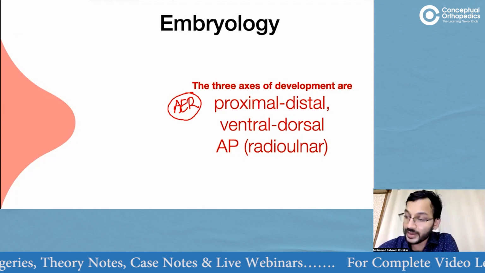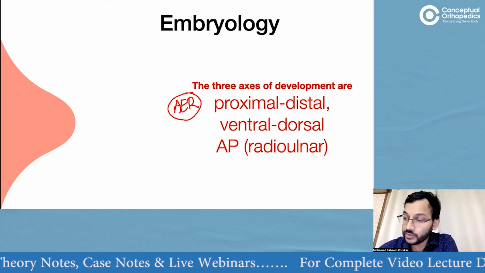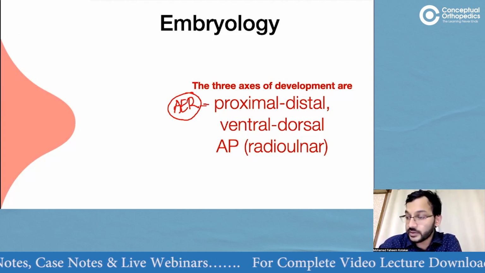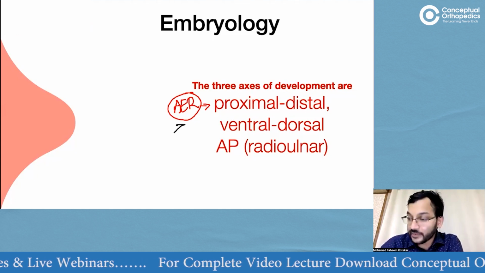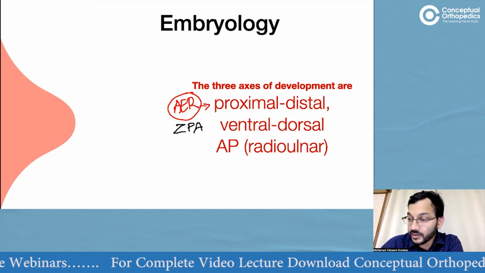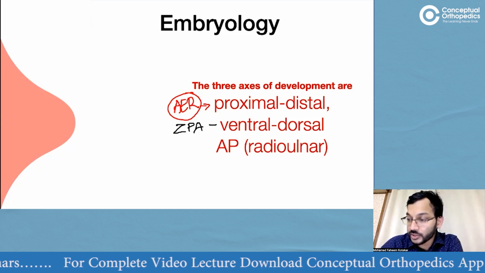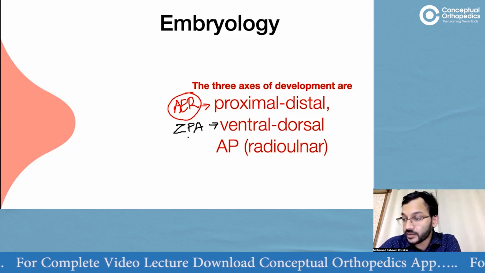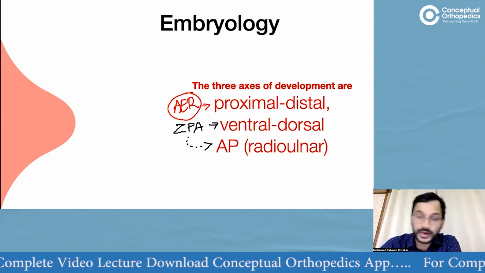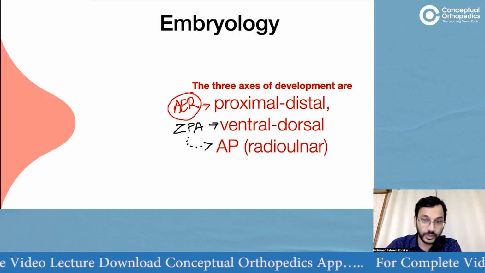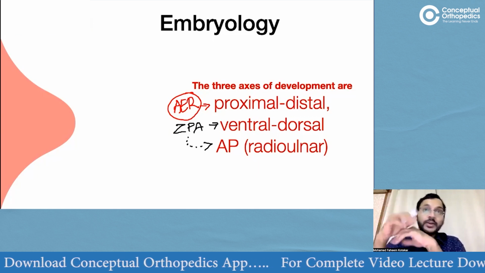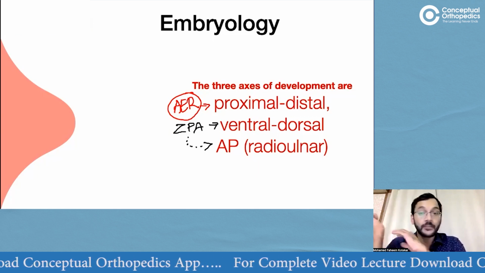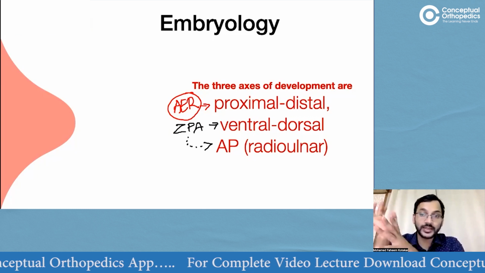The apical ectodermal ridge leads to proximal to distal differentiation. Then the zone of polarizing activity leads to both ventral-dorsal as well as a little bit of radioulnar differentiation. Because it gets polarized, you have a preaxial part and a postaxial part, the two ends, a ventral part and a dorsal part. So these are the different axes.